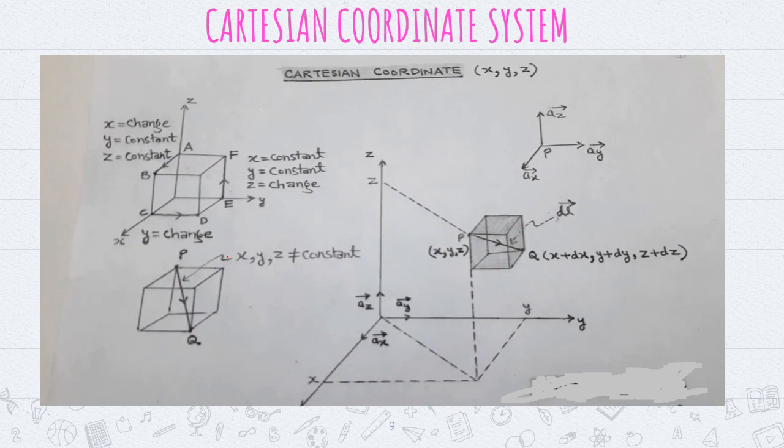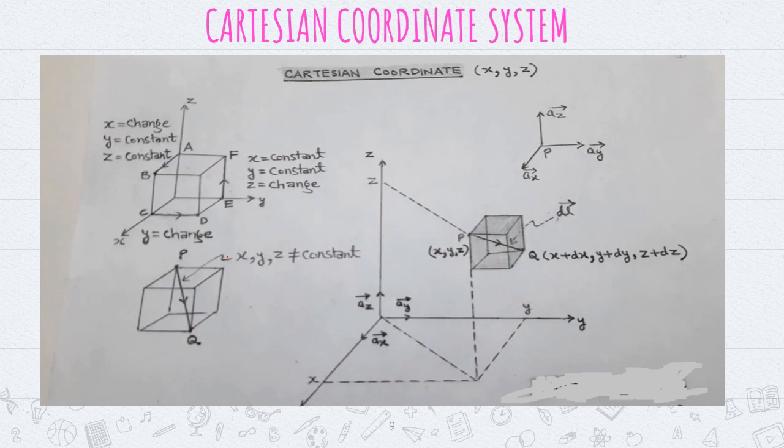In the left side, the rectangular shape is projected. If you see the left side of this diagram, that is the x-axis, y-axis and z-axis. In between you have a rectangular shape with the points A, B, C, D, E and F, as shown in the figure.